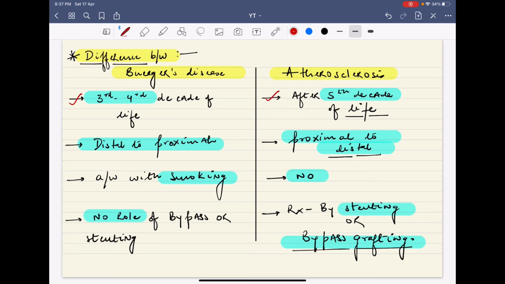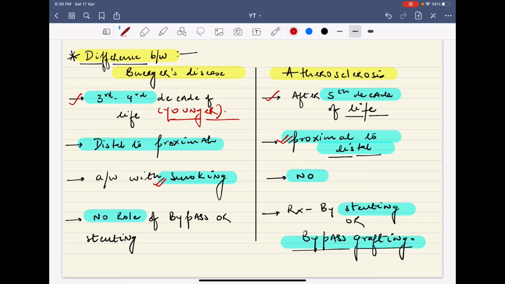So Buerger's is in younger patients as compared to atherosclerosis, and Buerger's progresses from distal to proximal, while atherosclerosis progresses from proximal to distal. Buerger's is associated with smoking, and there is no such association in atherosclerosis.